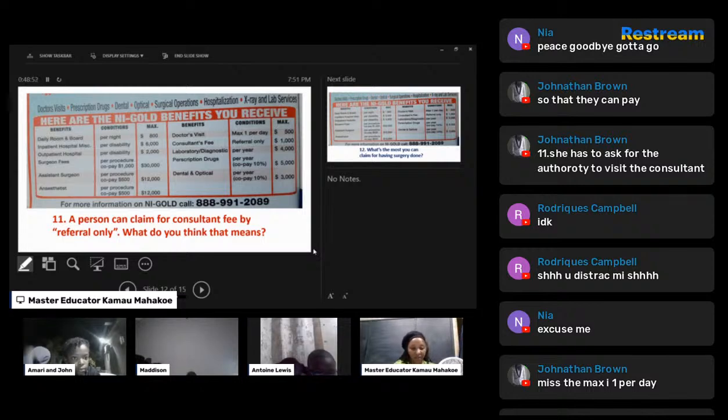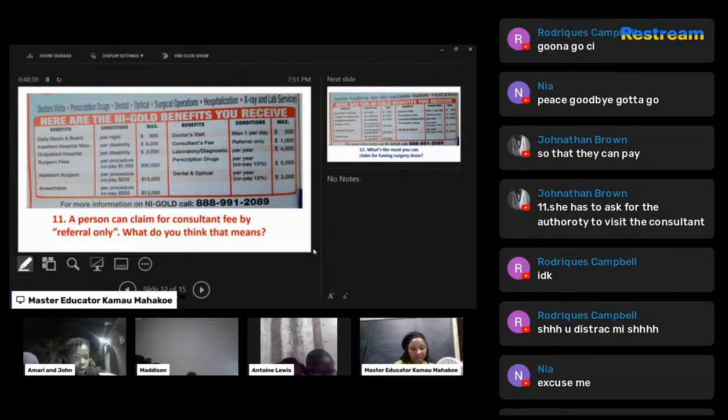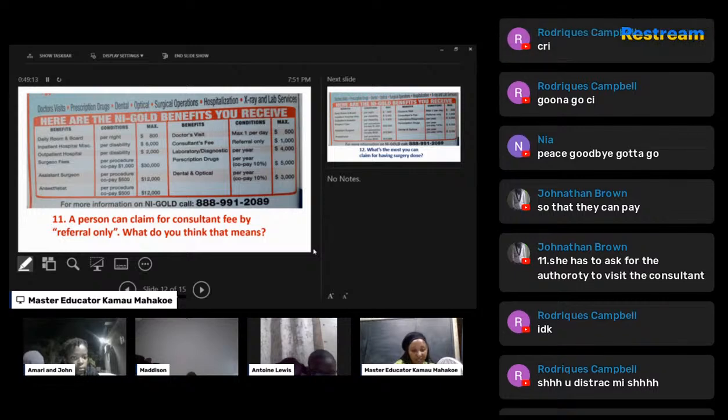But the general practitioner is not a specialist in the heart. And if there's something that needs specialist attention, then your general family doctor is going to refer you to a specialist who is an expert in conditions of the heart. And that person is called a cardiologist.